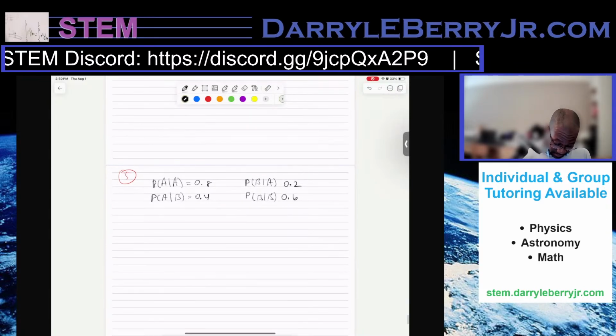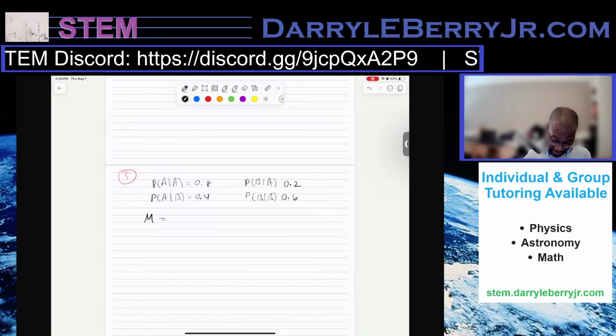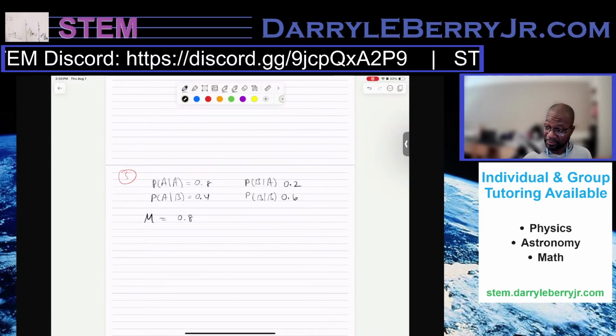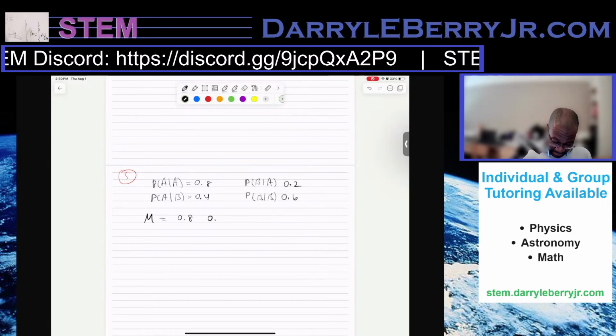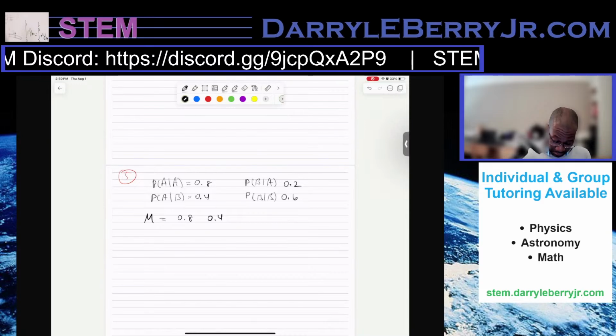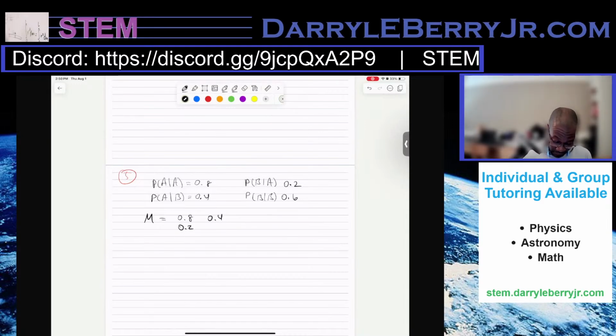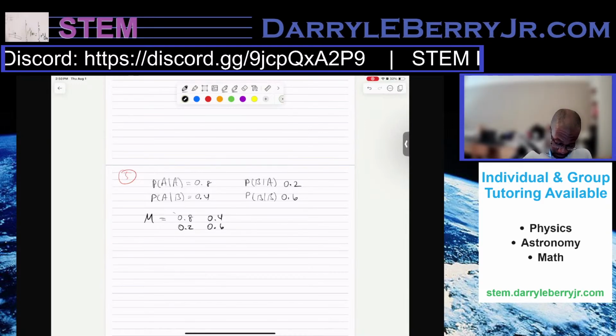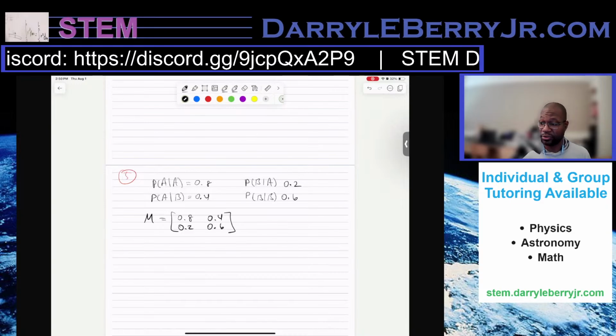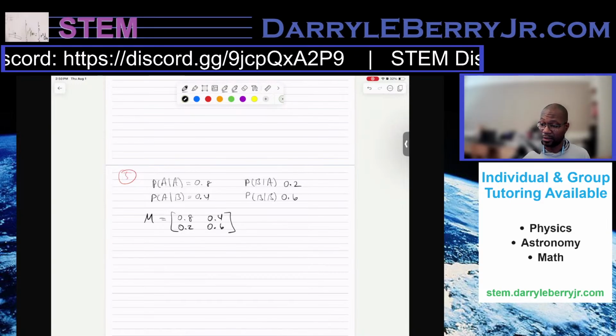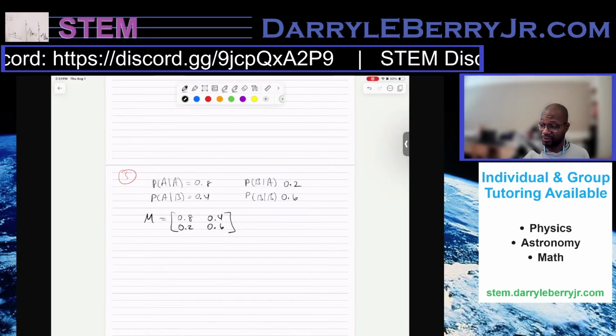So basically, they just took these probabilities and made a matrix out of them. These are the probabilities of the particle changing states from one state to another. And we're going to use this relationship to determine things about the particle that they give us.